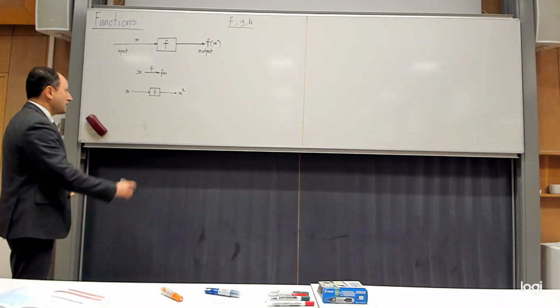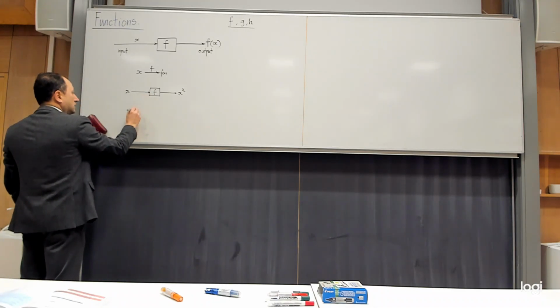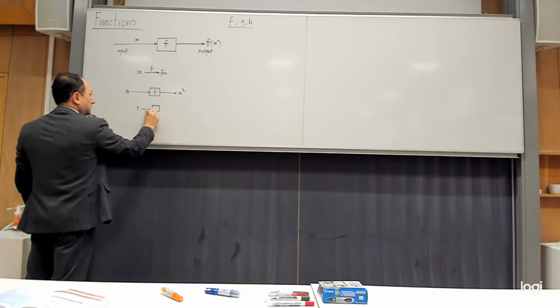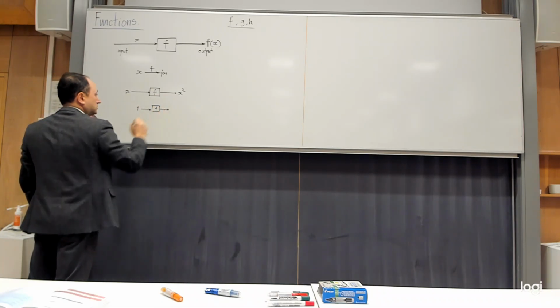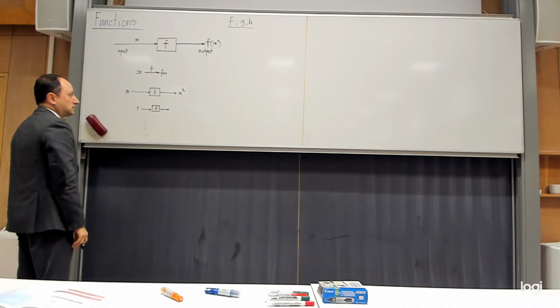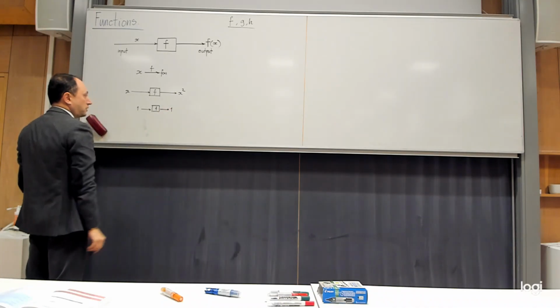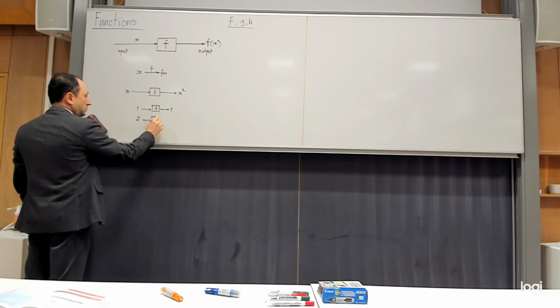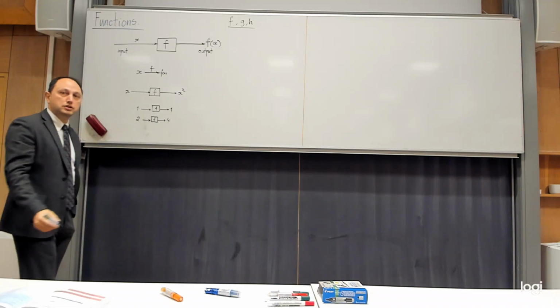Yes? So for example here, if I ask you, when I send 1 to this machine, what will be my output? Because it is 1 squared, which is 1. But if I send 2 into the same machine, I will get 4 back. That's the notion of function.